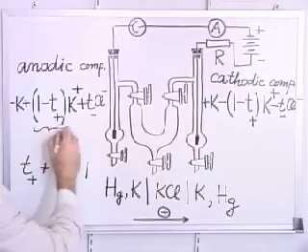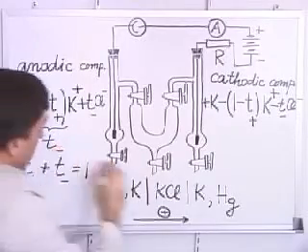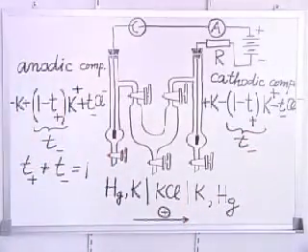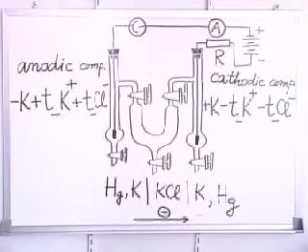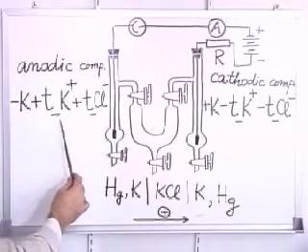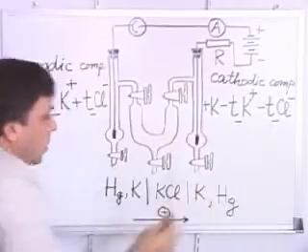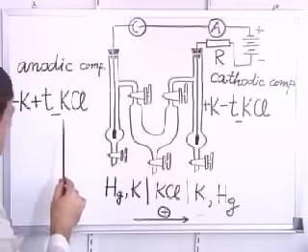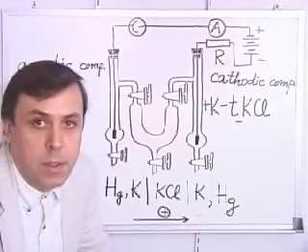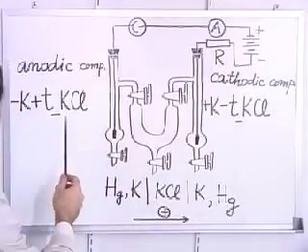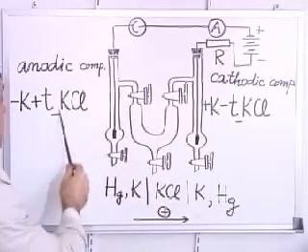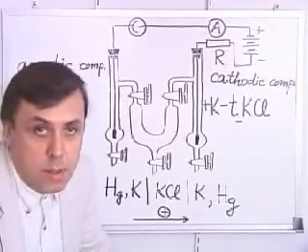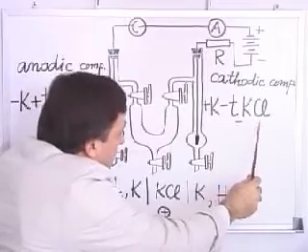Therefore, this expression in the brackets equals T minus, and we may combine these 2 terms to obtain... From this, we see that due to the passage of 1 Faraday of electricity through the system, the anodic compartment has gained T minus moles of potassium chloride, while the cathodic compartment has lost T minus moles of potassium chloride.